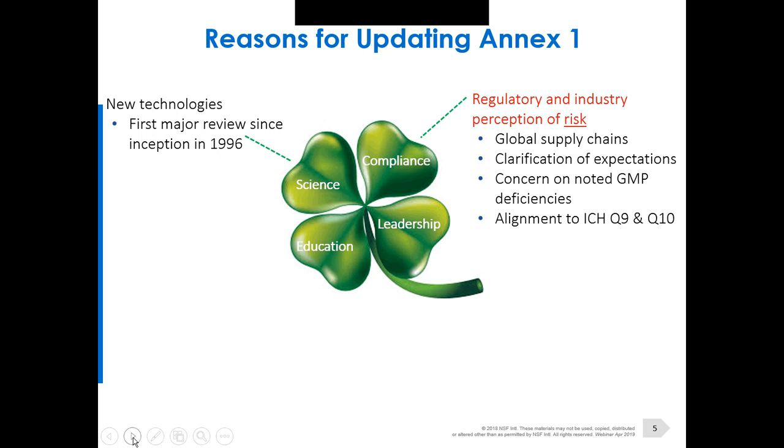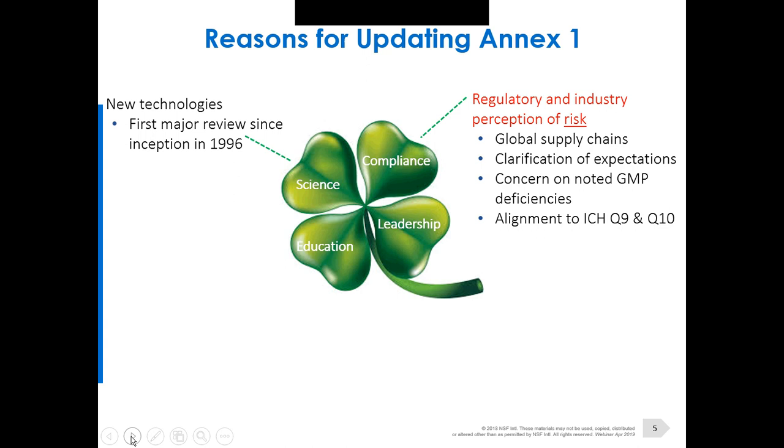So there was a perception from the European medicines agencies that there was a change in the risk profile in sterile manufacturing companies, that the supply chains were becoming more diverse, more complex, more fragmented, that a number of new players were in the market, new expanding hubs for sterile products were being generated across the world, and some of the expectations within the original Annex 1 were just not very clear. They were somewhat ambiguous, and they allowed a fair amount of interpretation.